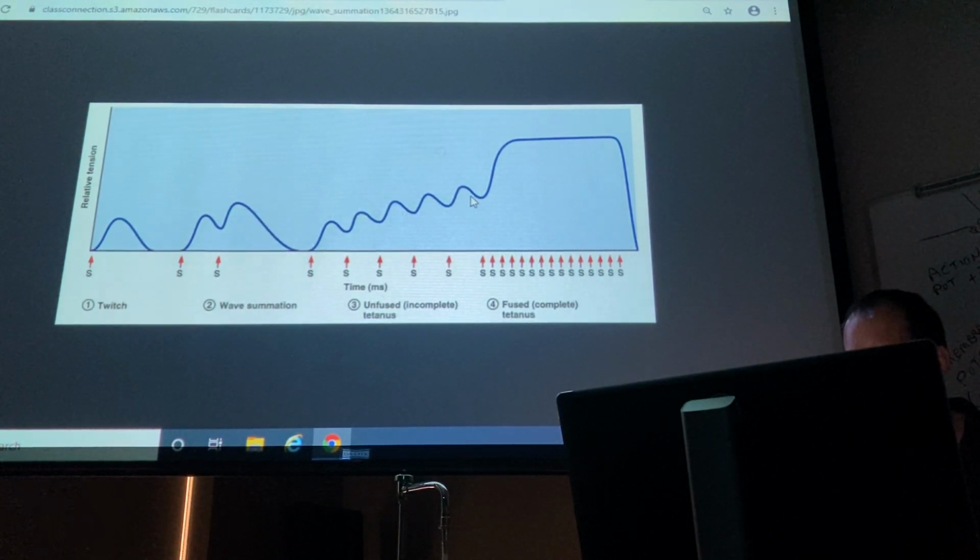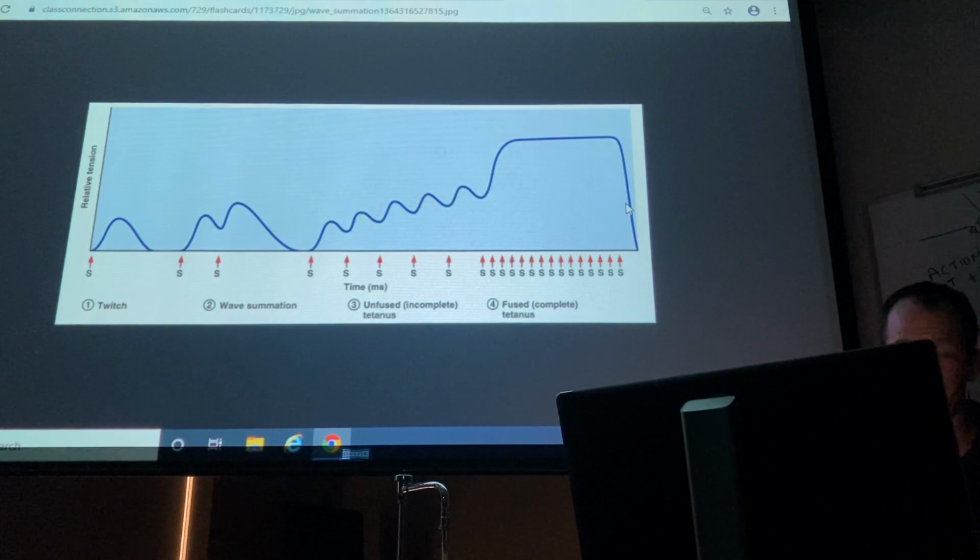It just slowly builds until, if you make those stimuli go very rapidly, say I'm going to try to hold up a heavy weight, I'm going to send many stimuli, which will allow that muscle to remain constantly contracted. Eventually you're either going to stop the stimulus and the muscle will relax, or you'll experience muscle fatigue due to any number of reasons which I won't go into, and the muscle will fail.